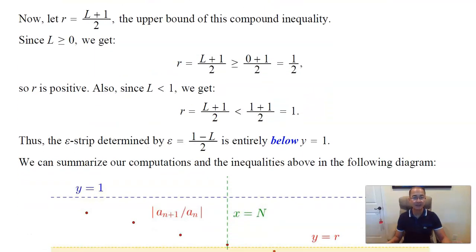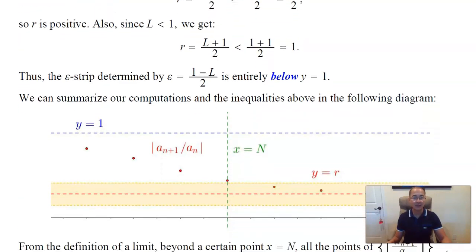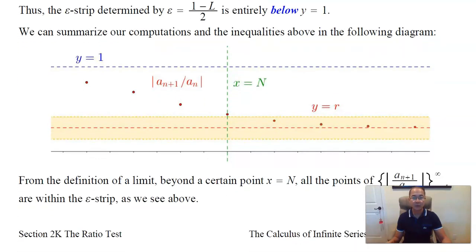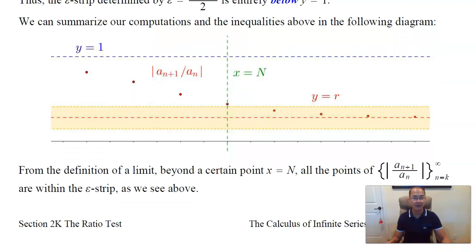Okay, so let's summarize. This is what the diagram is going to look like with our choice of epsilon. I'm exaggerating it a little bit. It probably could be a little bit wider because, as I said, this is L, this is 1, so half of the gap in between can go up to here.